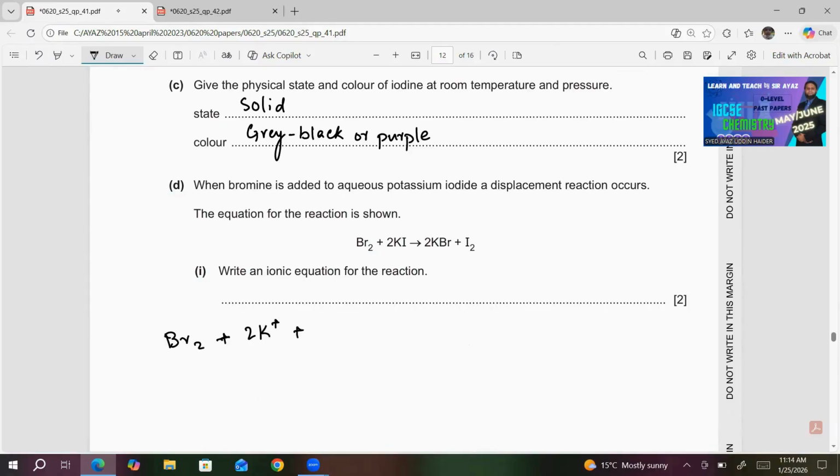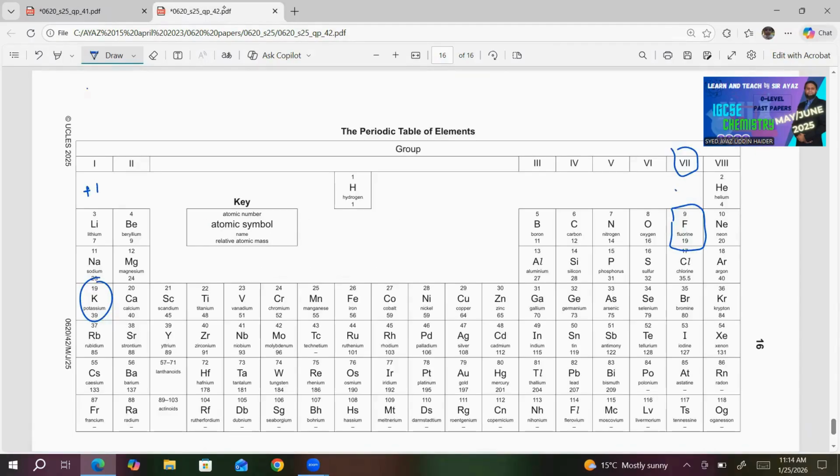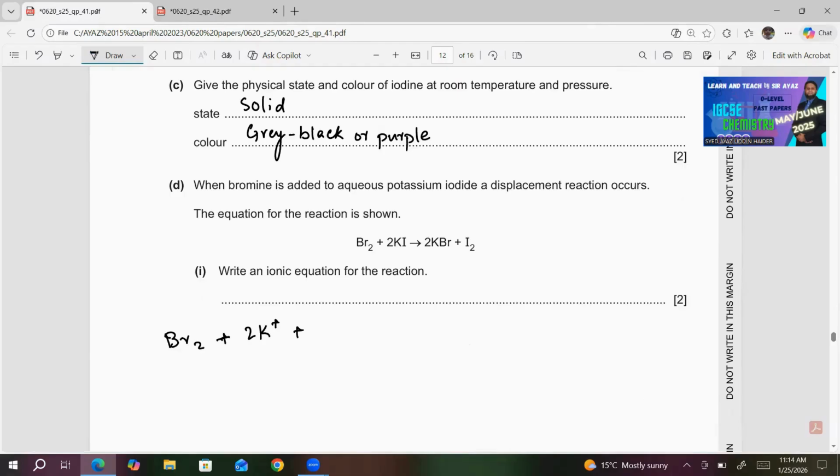And group 7 elements have -1 as their valency, so they will definitely form minus ions. So we have 2 moles of I minus gives 2 moles of K plus ion plus 2 moles of Br minus ion. You see on the right hand side, Br replaced iodine, plus I2.